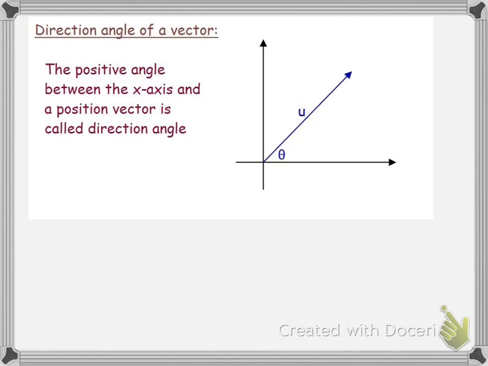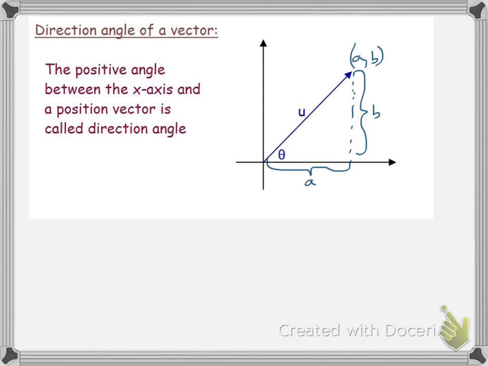Alright, for the direction angle. The direction angle is the positive angle between the positive x-axis and a position vector. So I'm looking for this angle from the positive x-axis to the position vector.